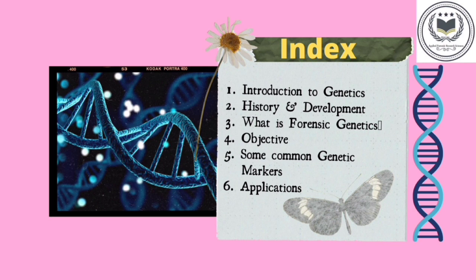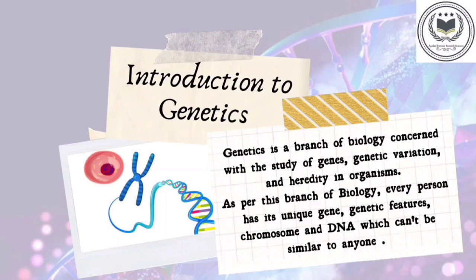Third, the main topic of our video: forensic genetics, what it is and the objective behind it, then how it is done, and then some common genetic markers which are commonly used in the field of forensic genetics. At last we end with various applications of forensic genetics. We are studying each topic one by one as given in the index.